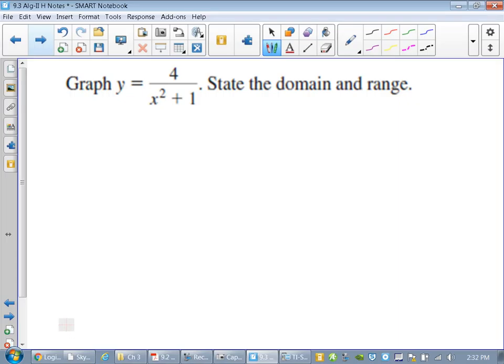So we have y equals 4 over (x squared plus 1). X-intercept. Do we have any x-intercepts? Nope. Vertical asymptotes?